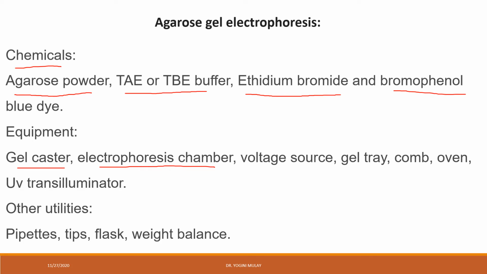Then we need the voltage source, which will provide the electric current, gel tray, comb, oven, and UV transilluminator. This is used to detect the DNA bands. And in order to carry out this agarose gel electrophoresis, we need some other utilities like pipette, tips, flask, and weight balance.